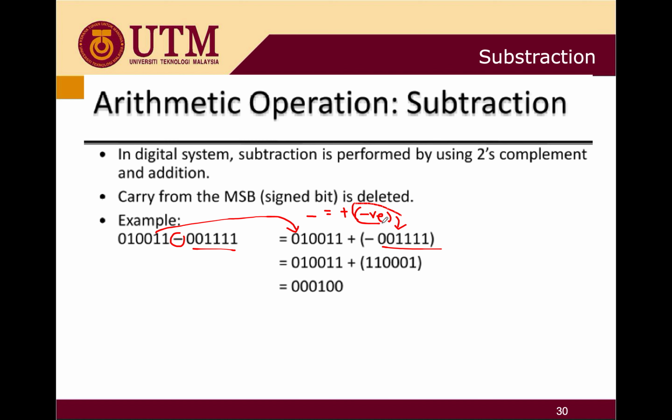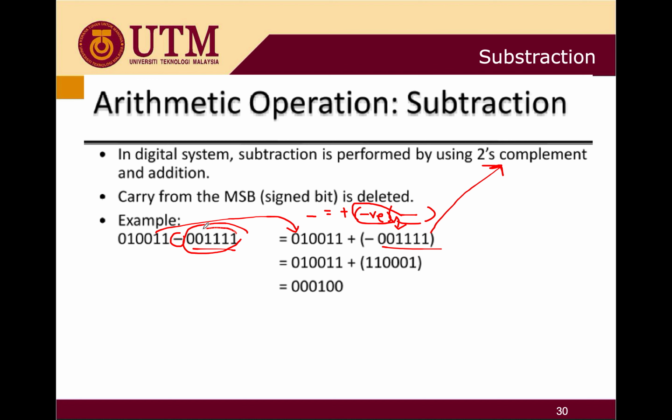So if it's a second negative number, what are you going to do? Negative number, you're going to just deduct it. But you need to know subtraction. You cannot just use this value to subtract.